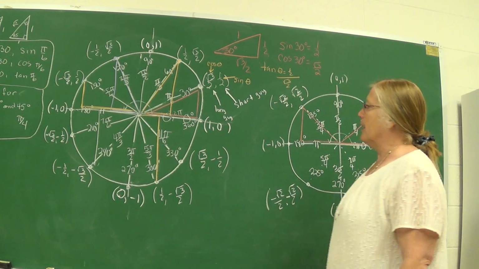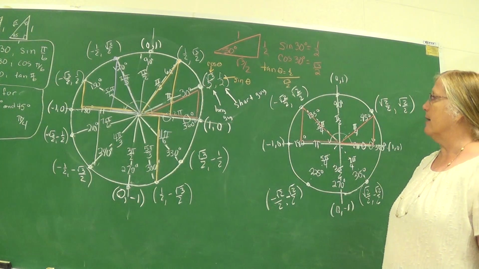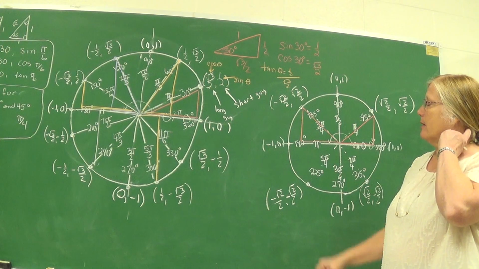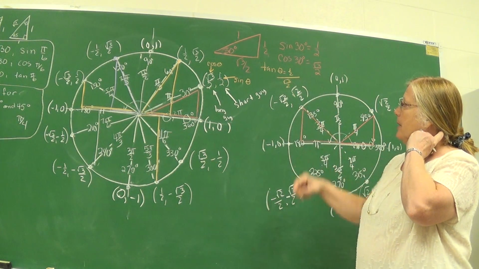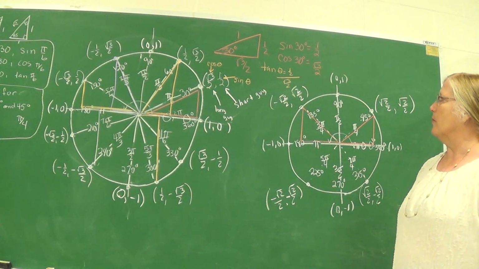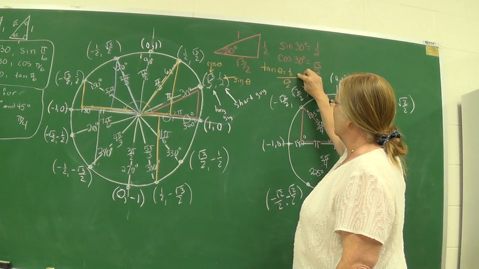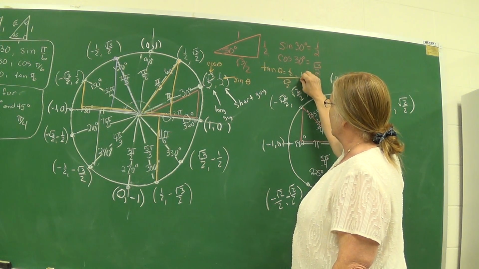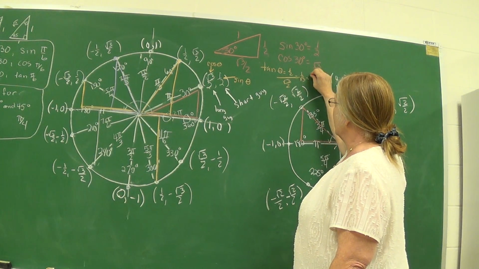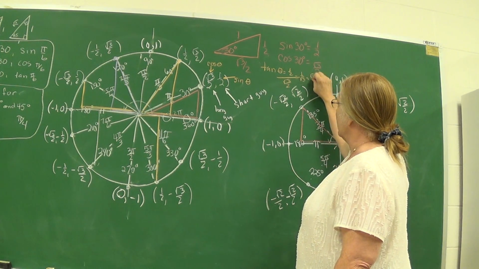So that simplifies by flipping the denominator and multiplying it by the numerator, and we get 1 over the square root of 3 when the 2's cancel.